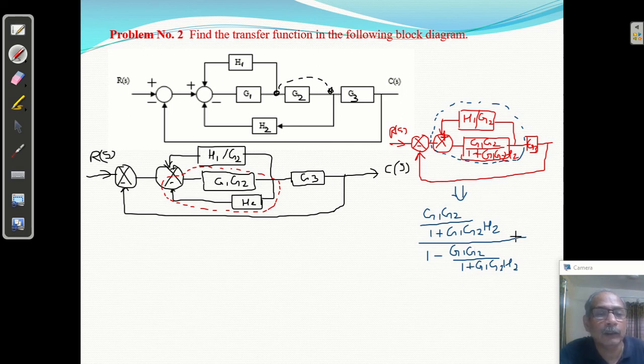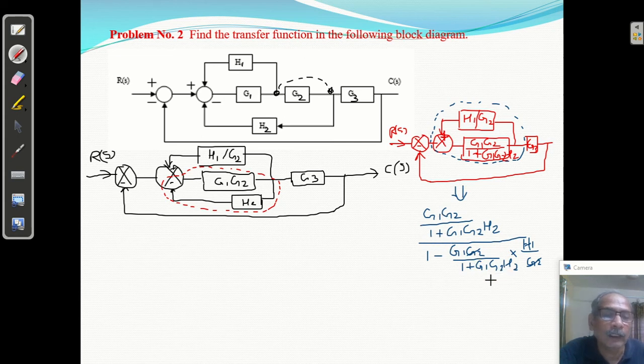What is HS? H1 by G2. So this G2 and this G2 will be cancelled. If you solve it, after LCM this will be cancelled.